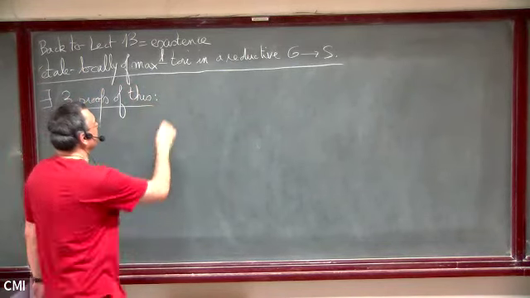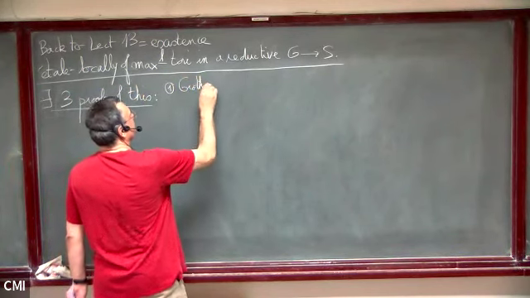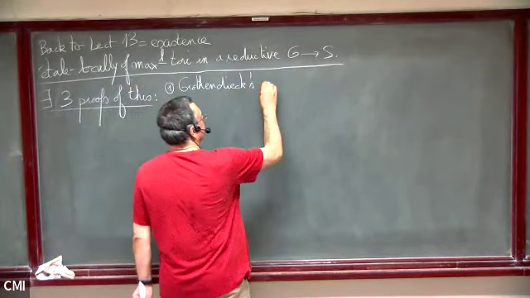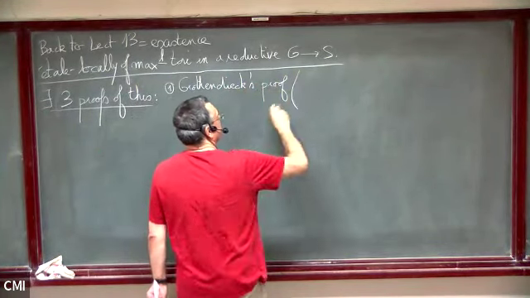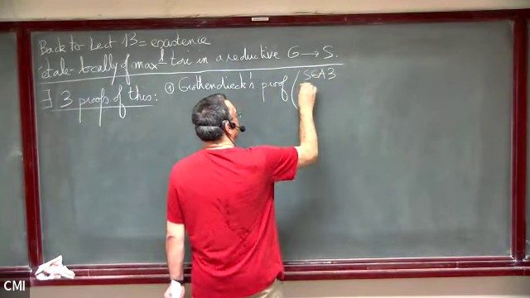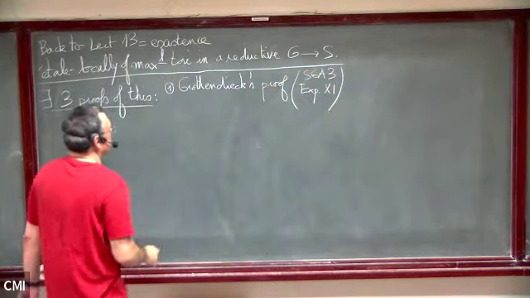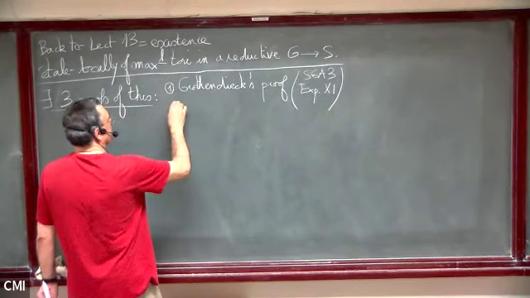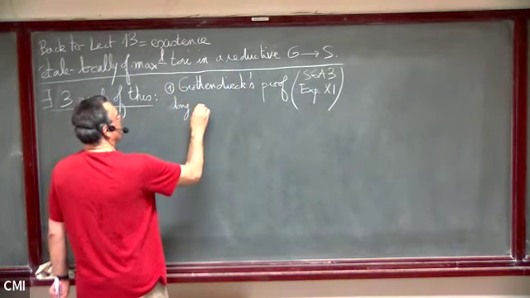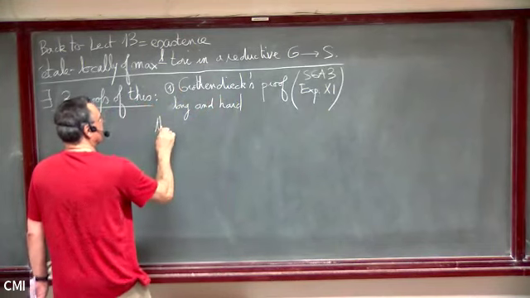The original proof is Grothendieck's proof, which is in SGA 3. It's long and difficult, long and hard.